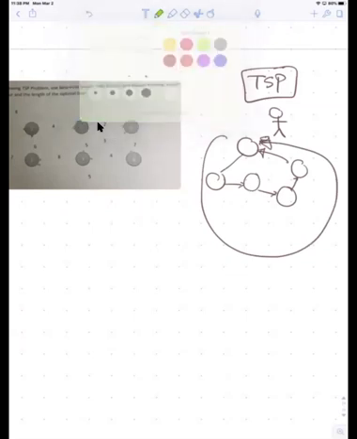So if he started, for example, from city number 1 and followed by 2, 3, 4, 5, he has to go back to 1 again. And he's looking for the path with the minimum cost.